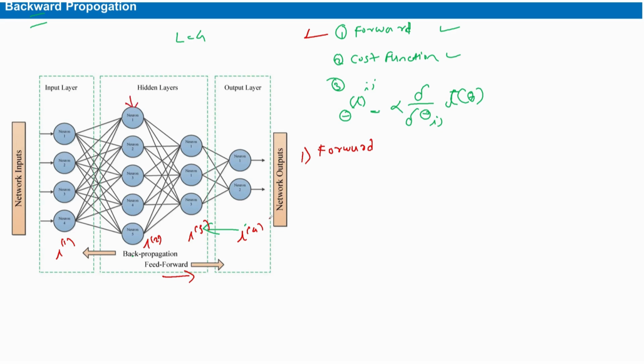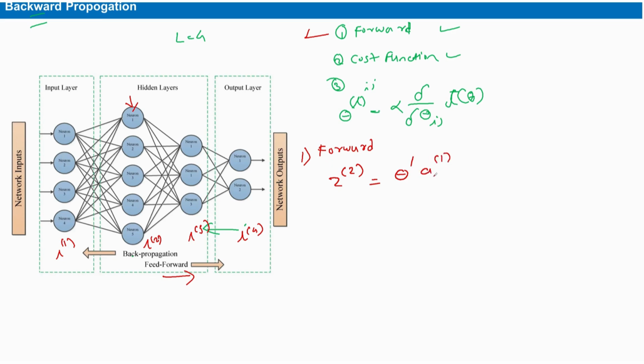In order to compute the activation for layer 2, first we need to find the linear computation for layer 2, which is denoted by z of 2. It is computed as theta L minus 1, so 2 minus 1, theta 1, matrix multiplied by A of 1.